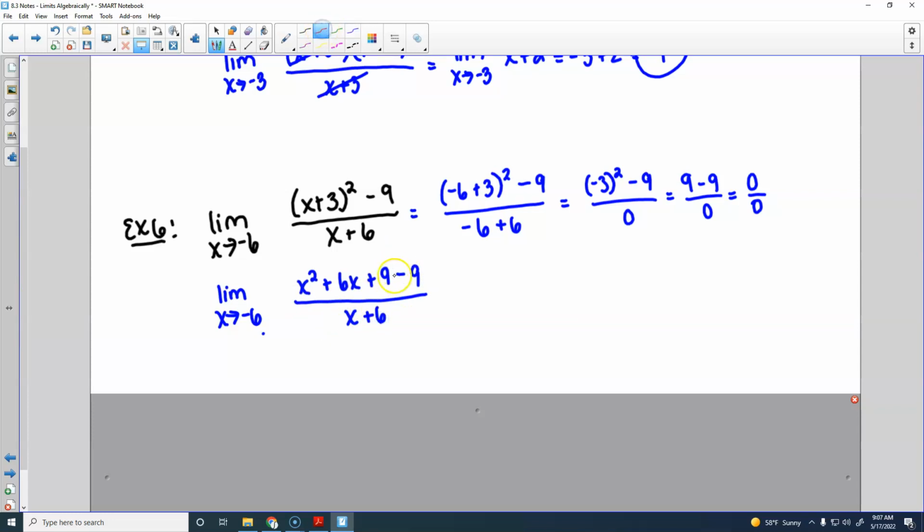What happens with those 9s right there? They'll cancel out. So that leaves me x squared plus 6x over x plus 6. What can I do to factor that? Factor out an x. So you can pull just like a greatest common factor out here. So x times (x plus 6) over x plus 6.